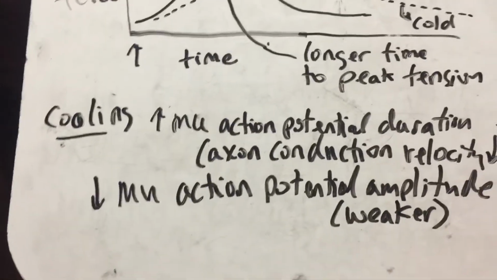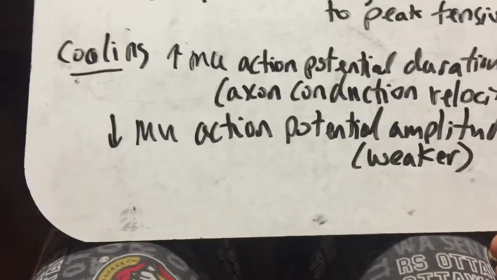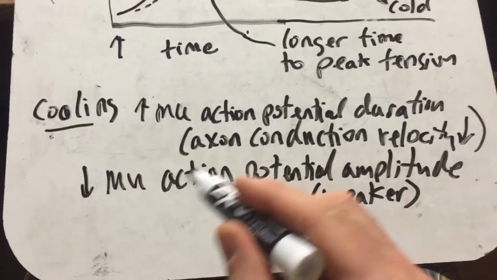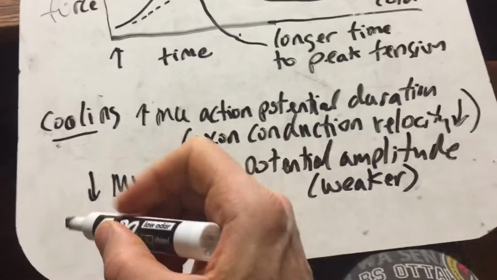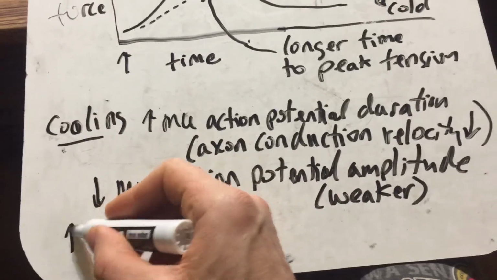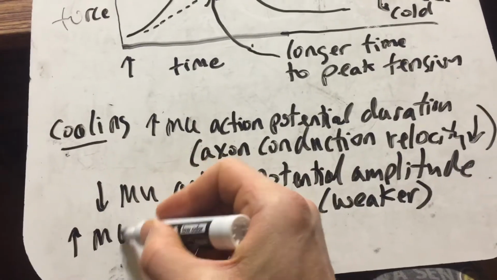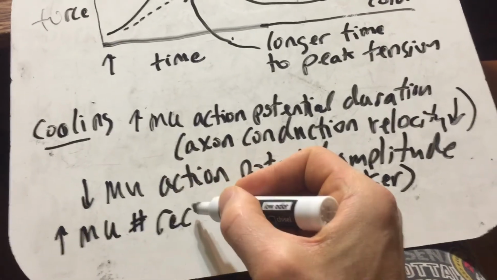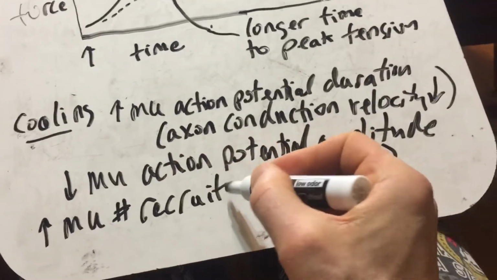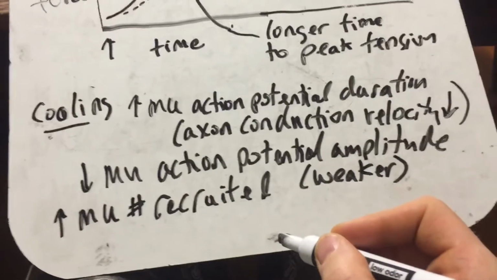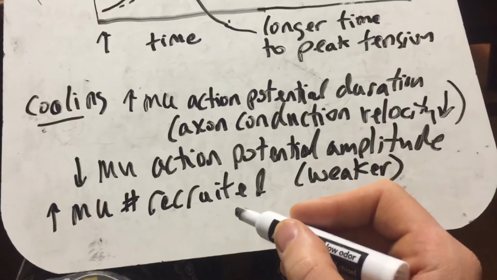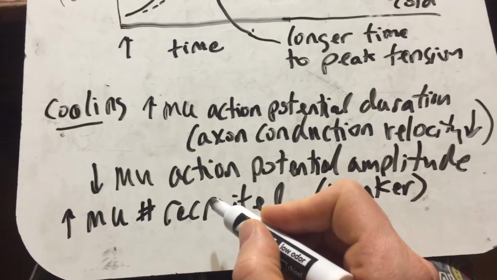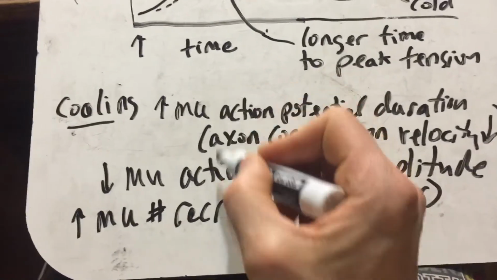So they found that with cooling, there were a couple of compensations that were made for these changes in motor unit activation. The first compensation they found was that there was actually an increased motor unit number recruited. And this is to achieve the same force output as in a normal temperature condition.